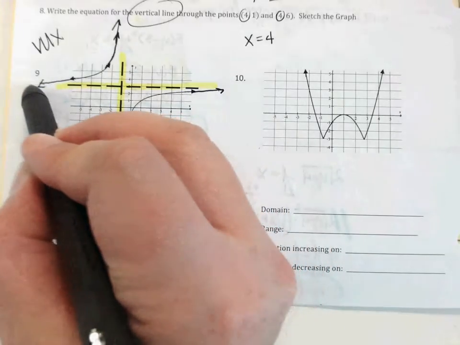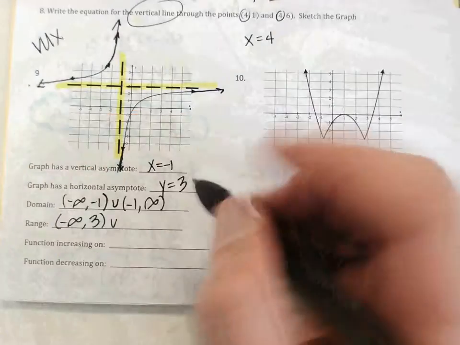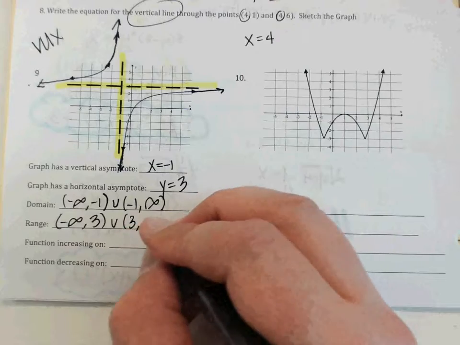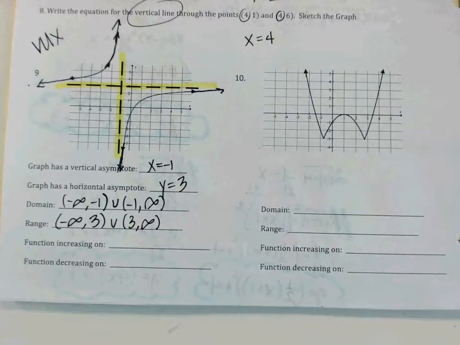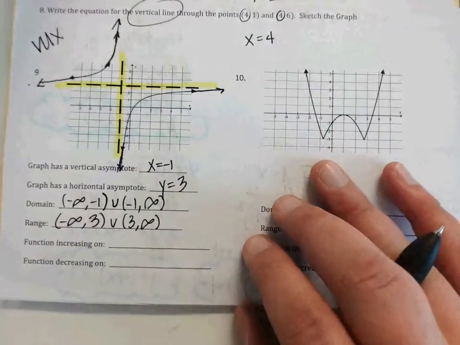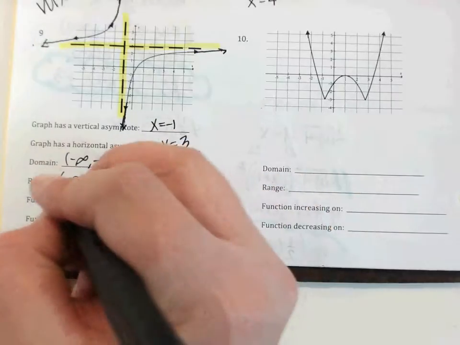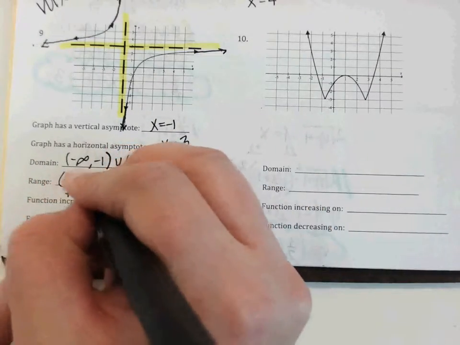Where does it get stuck? At 3. So it'd be from 3 till infinity. So remember, asymptotes break your graph up into chunks where you'll have to use a union in the middle. Okay? Then last little thing on there, increasing and decreasing. Remember, increasing is a positive slope, which means that it's uphill.